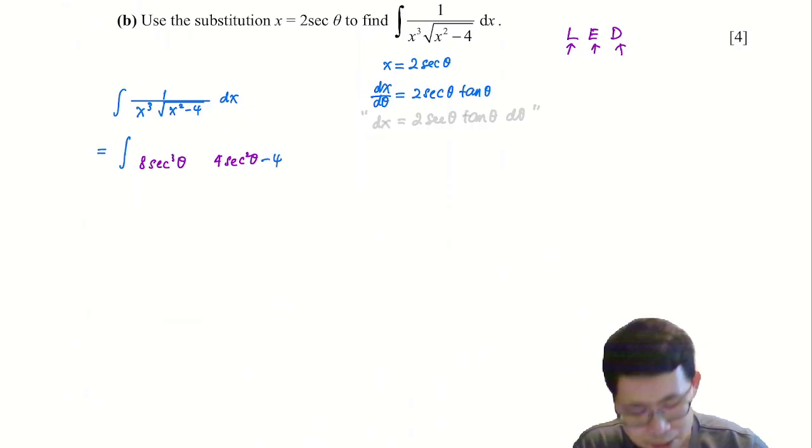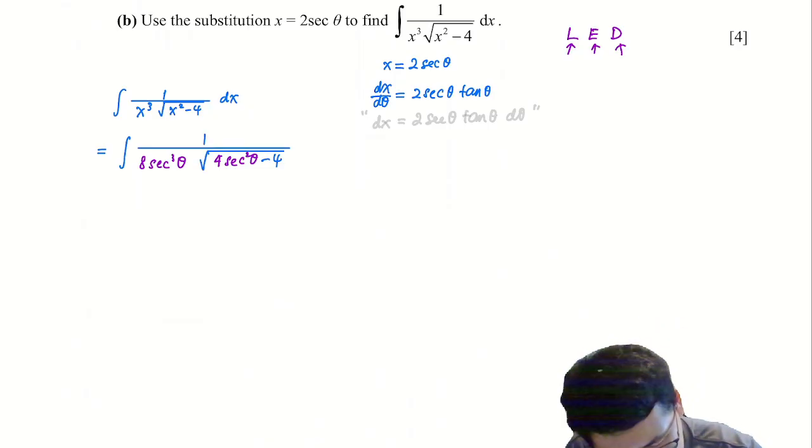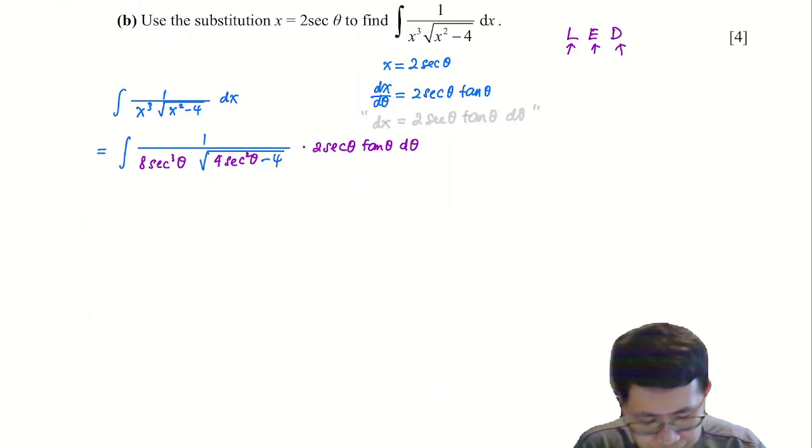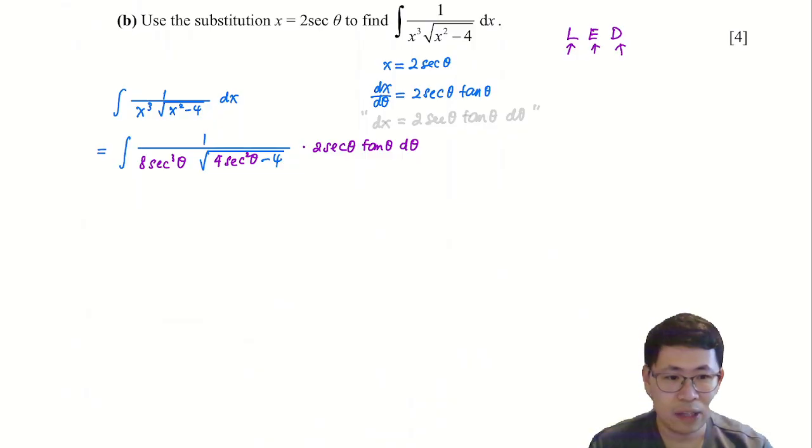Okay, so this would be the substitution that I will make. That's for the expression. Then the differential, I need to replace this with 2 secant theta tangent theta d theta. Let's replace everything in one shot. Okay, so there we have it.